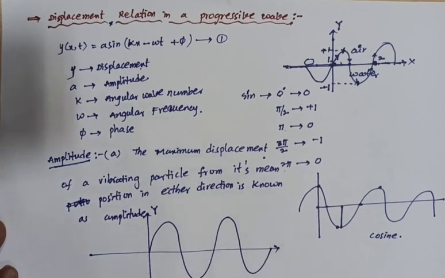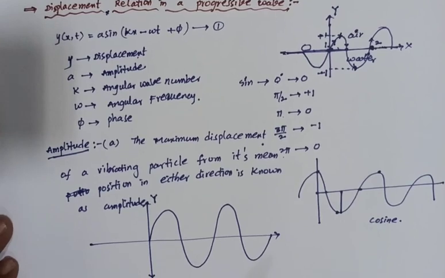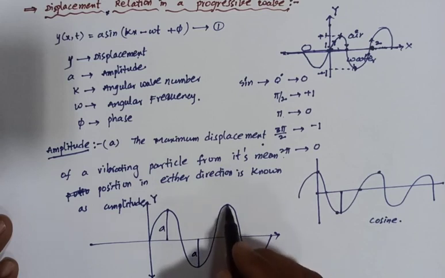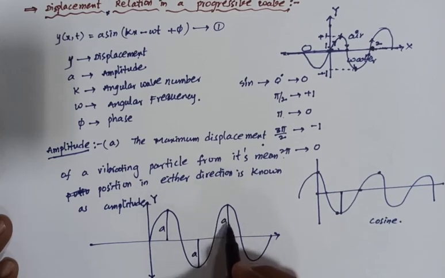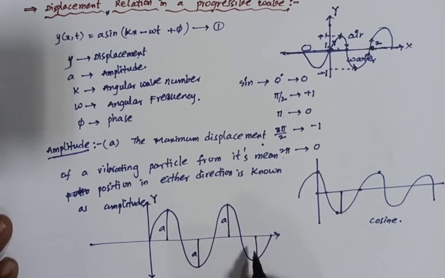In this transverse wave, this is amplitude, maximum displacement, here also it is amplitude, maximum displacement, here also maximum displacement. Okay, this is a sine function.